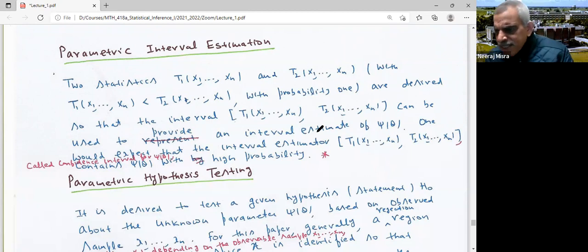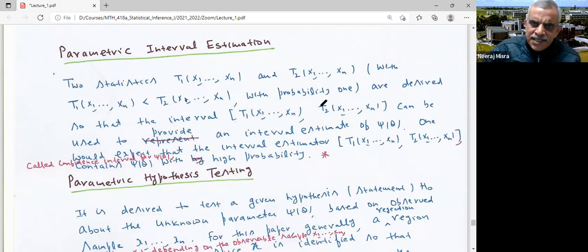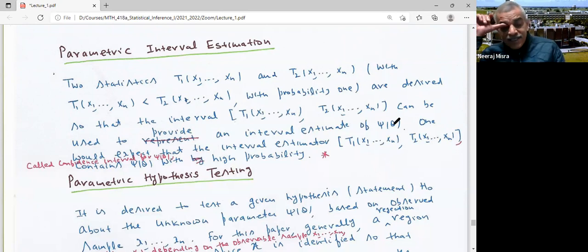So what you do is, by sacrificing a little bit on the confidence, you can get a confidence interval of a reasonable length. And that is the reason why normally you look for a 95% confidence interval or a 90% confidence interval or a 99% confidence interval.